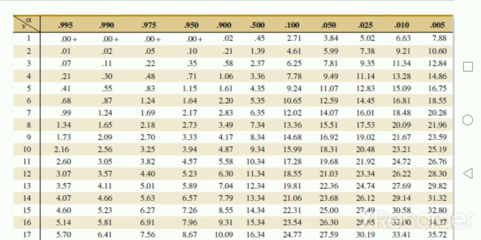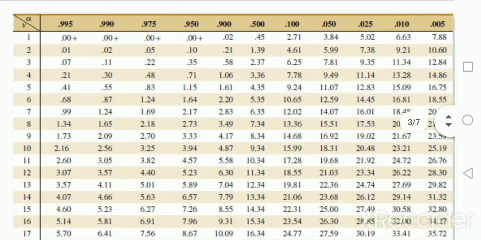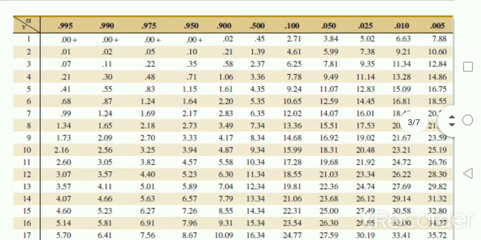Sometimes we need 1 minus alpha by 2; with alpha 0.05, that is 0.95. For 0.95 and 10 degrees of freedom, the chi-squared value is 3.94.